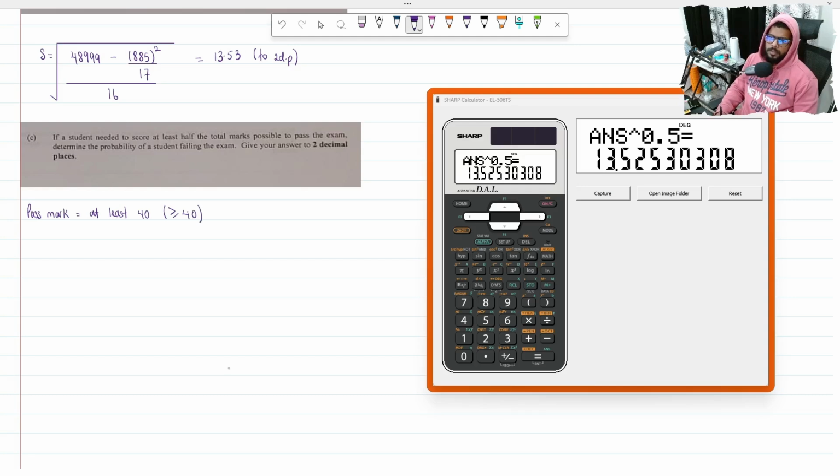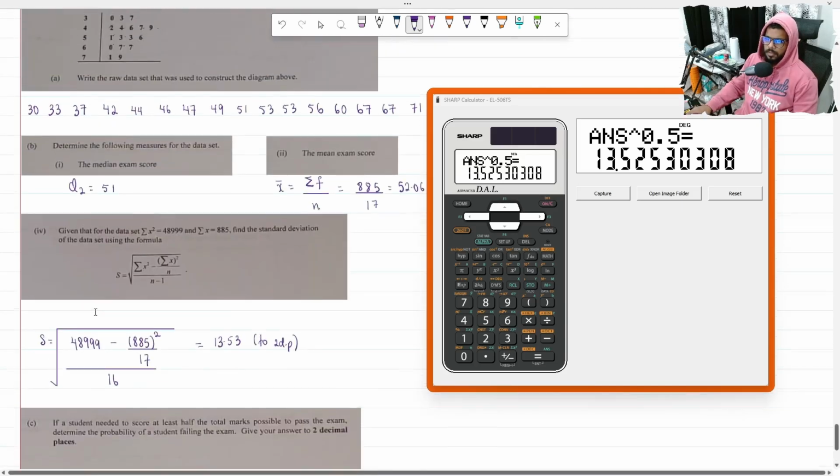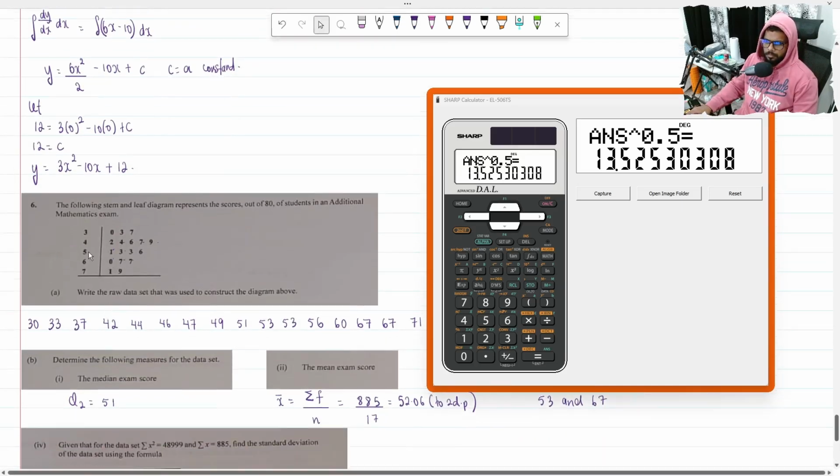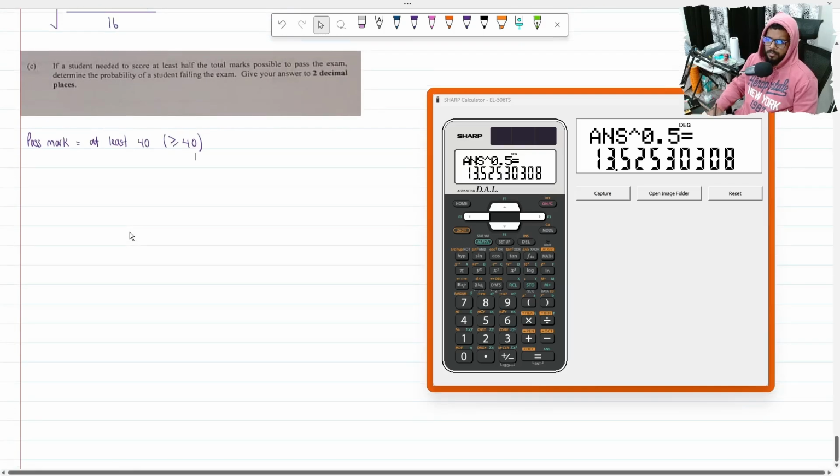Determine the probability of a student failing the exam. Okay, so let me see who gets less than 40. Three of them get less than 40.